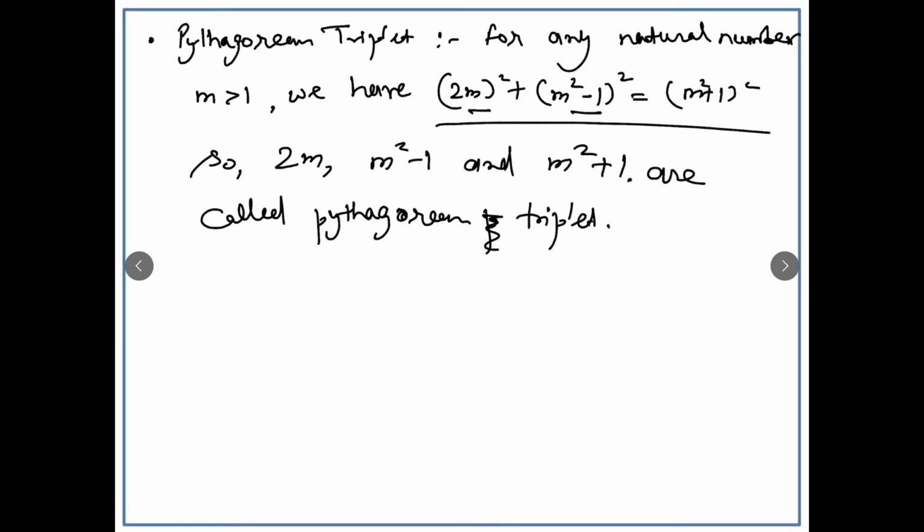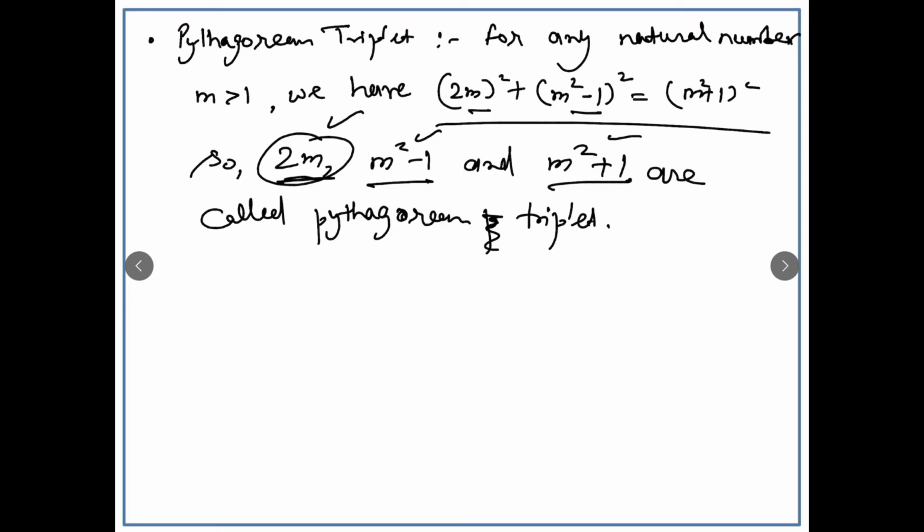Those numbers are 2m, m square minus 1, and m square plus 1. These three numbers are called a Pythagorean triplet. If we are given any number, we can equate that number to this one, get the value of m from here, then substitute the value of m in the other two terms. We will get all three numbers of the Pythagorean triplet.